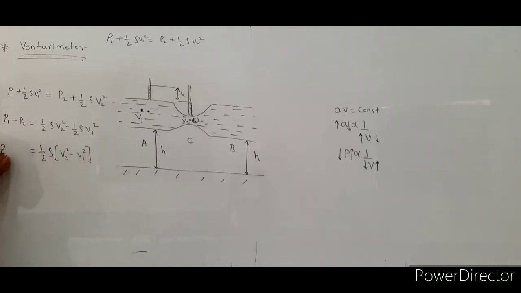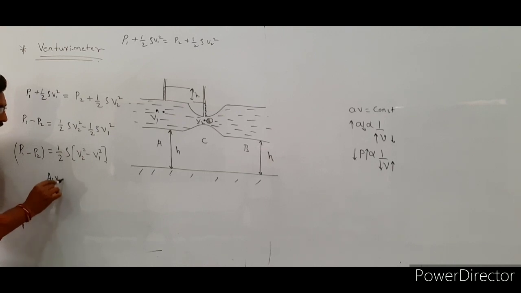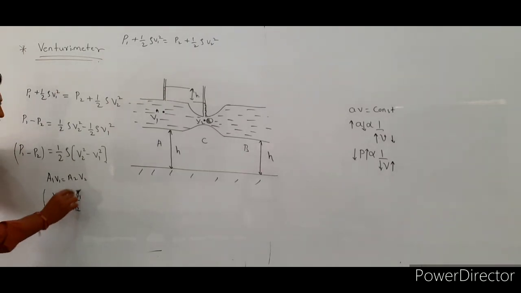So this is P1 minus P2. From the equation of continuity, A1 V1 equals A2 V2. From this relation we want the V2 value, that is V2 equals A1 V1 divided by A2. So substitute this V2 value in this expression, right?